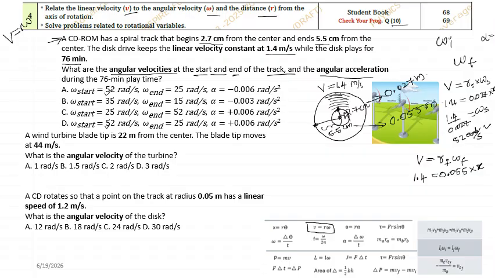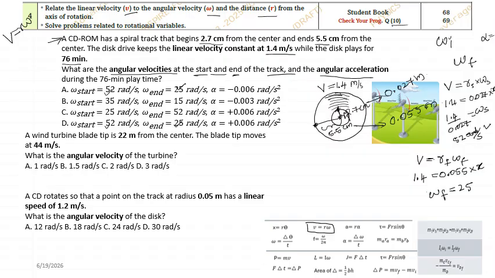Shift and solve, you will get 1.4 divided by 0.055. So it is 25.4. Let us consider it as 25. So over here omega final you will get as 25. So look at A and D, both have 25. So again, you cannot select A or D.